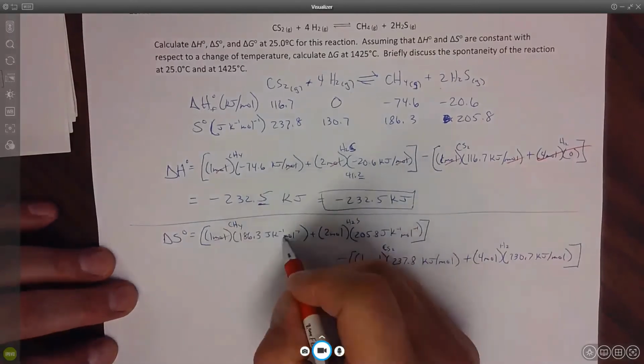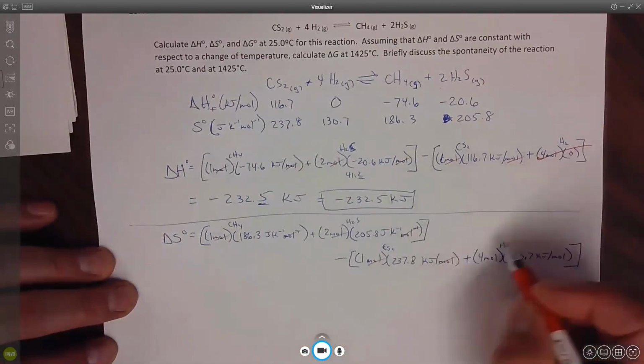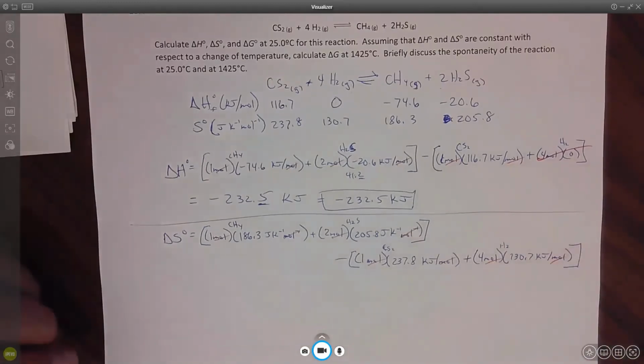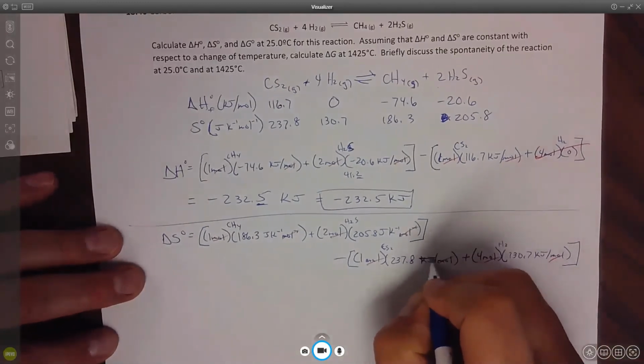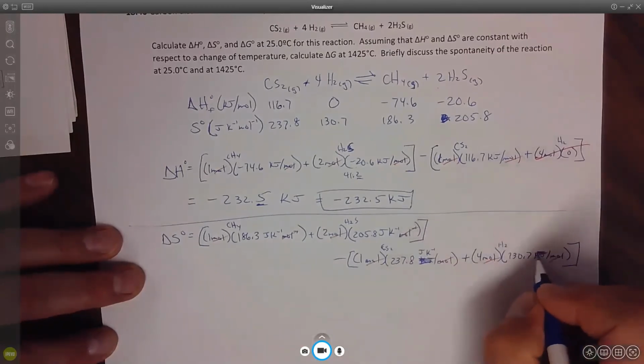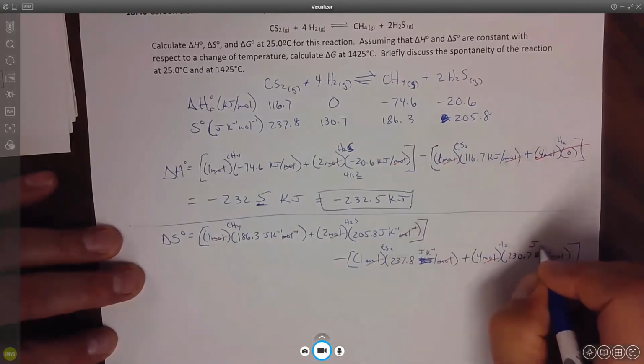Again, the moles cancel the whole way through the calculation. Whoops, these were the wrong units. These are joules per Kelvin.